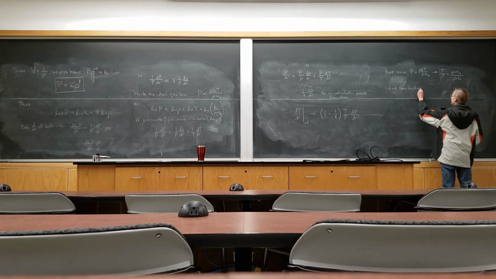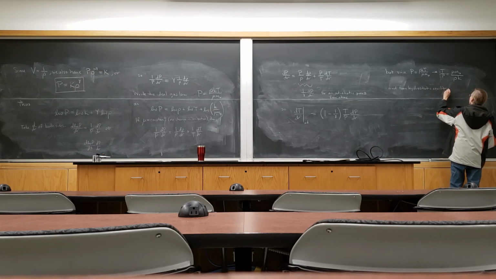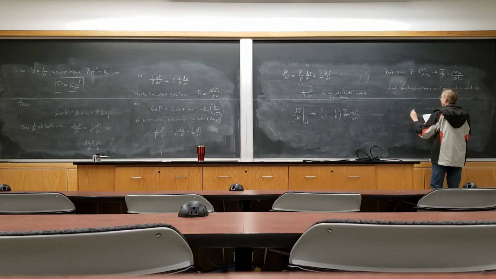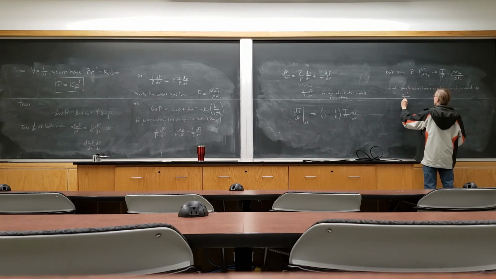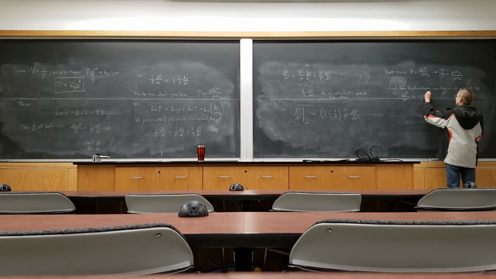So from hydrostatic equilibrium of the surroundings, we know that dP/dr is equal to minus rho times G m sub r over r squared.